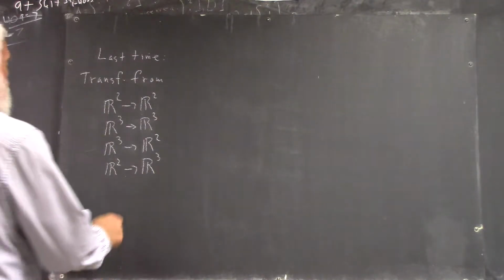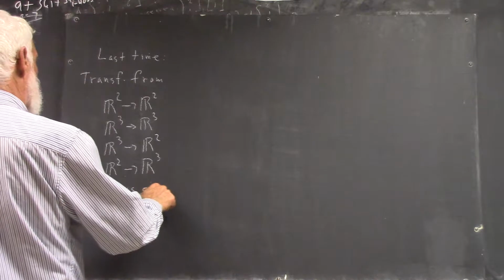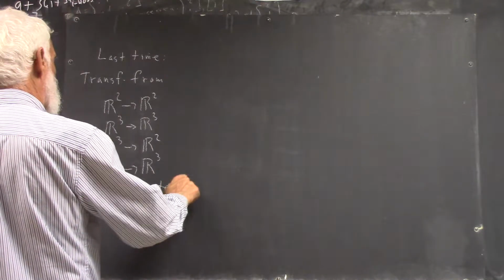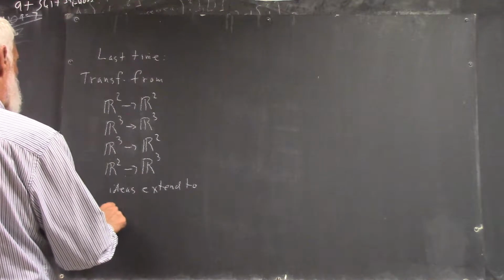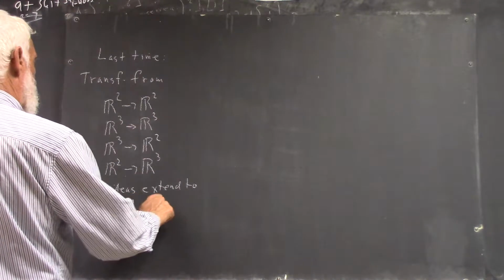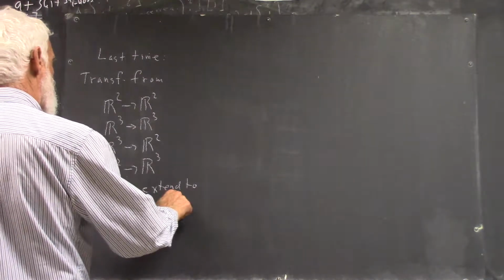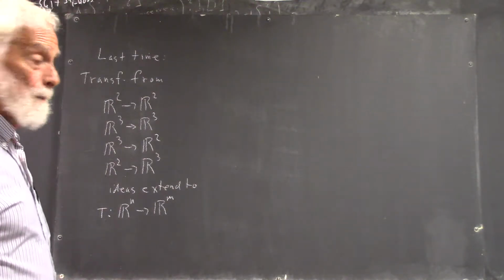The idea is to extend transformations from Rn to Rm, where n and m could be any numbers. Okay?